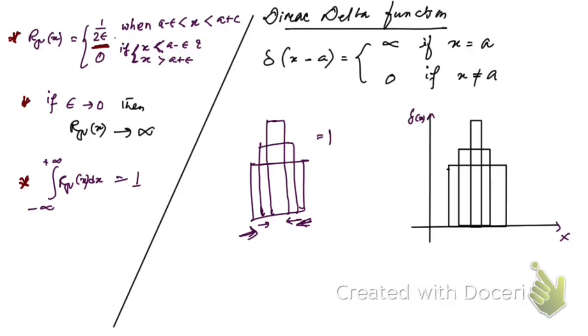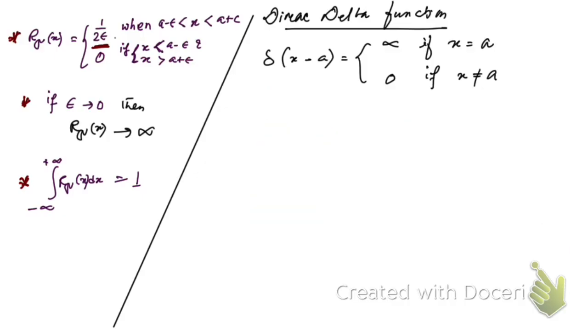Okay, I will explain it. So if you reduce the width to a very, very small value, then the height of this rectangle will tend to infinity. Right? Then only the area will be equal to 1. Let me show you something. So this is a rectangle. Suppose its area is equal to 1. If you reduce the width of this rectangle and you want to keep the area the same, 1, then the height must be increased.